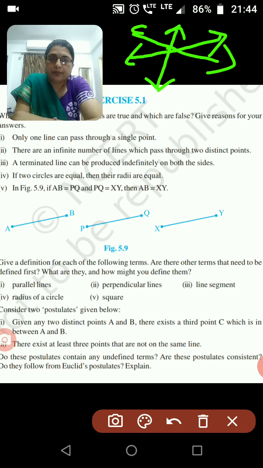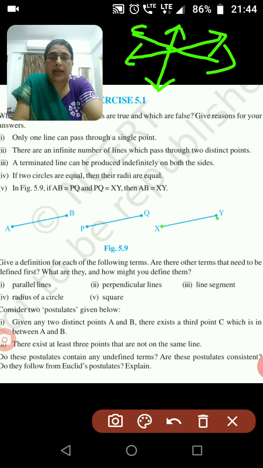Second question: there are an infinite number of lines which pass through two distinct points. Suppose we have two points, X and Y, in this figure.